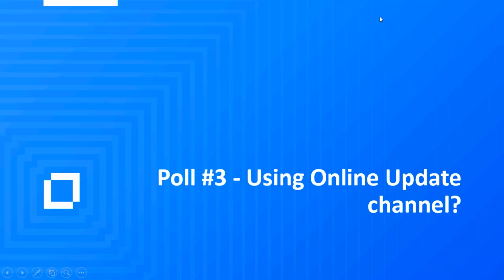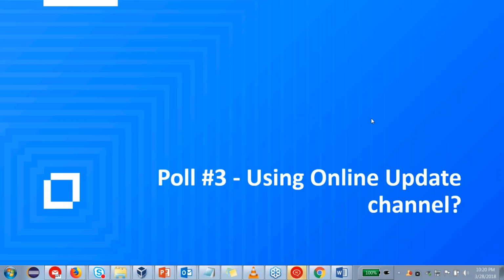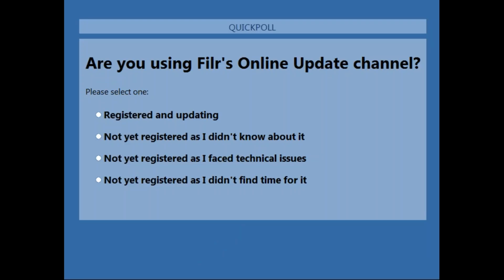How do you update, in case 40 to 50% of you are not yet on Filr 3.3? Before I share that, the last poll for today is to understand how many of you already are using the update channel that we have shared with Filr 3.0.